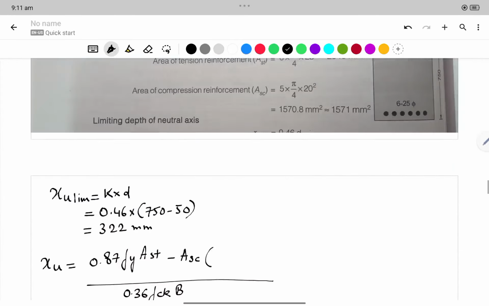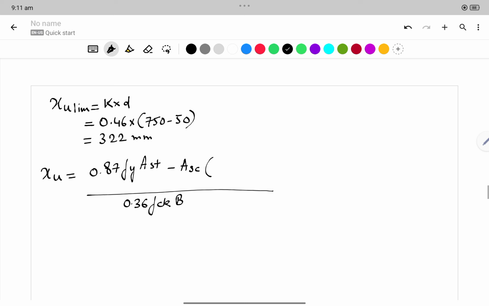So this part only we have to remember: FSC minus 0.45 FCK.